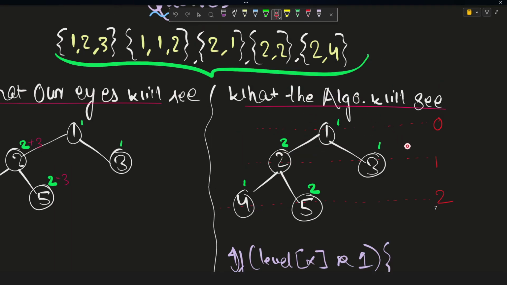But for the odd level nodes, that is the second node and the third node, instead of putting 2 and 1 in the Euler tour array, I will put -2 and -1.